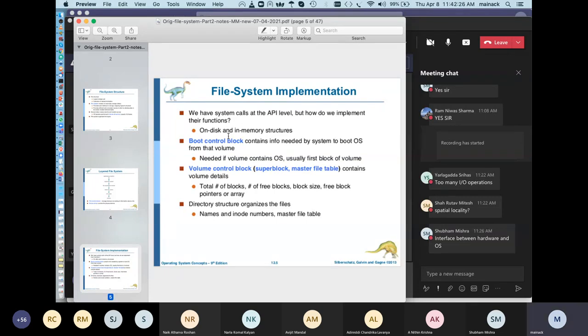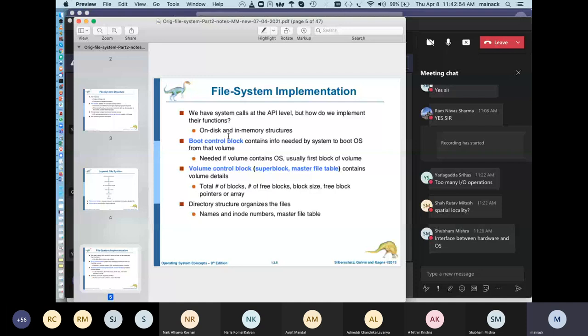In a file system, there's a boot control block that exists per volume, which can contain information needed by the system to boot an operating system from that volume. So if a disk contains an operating system, like your C drive in Windows, then it will have a boot control block.